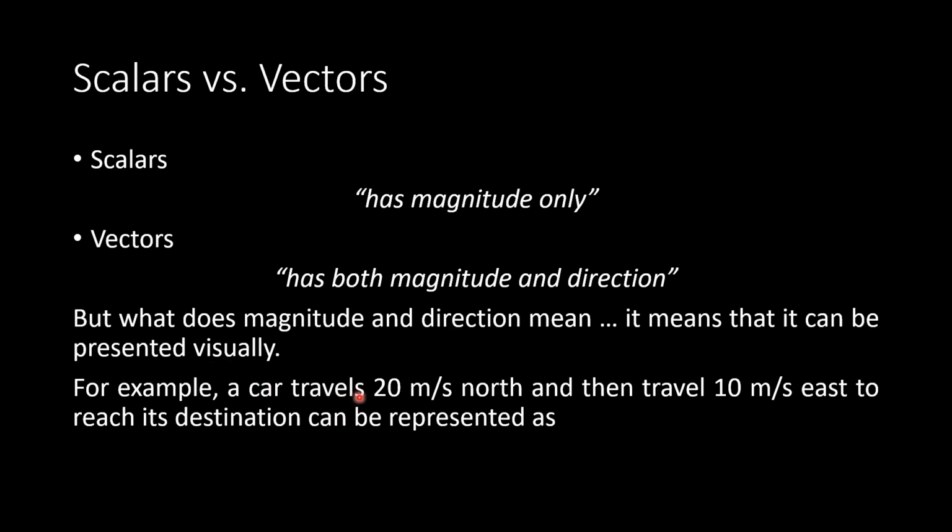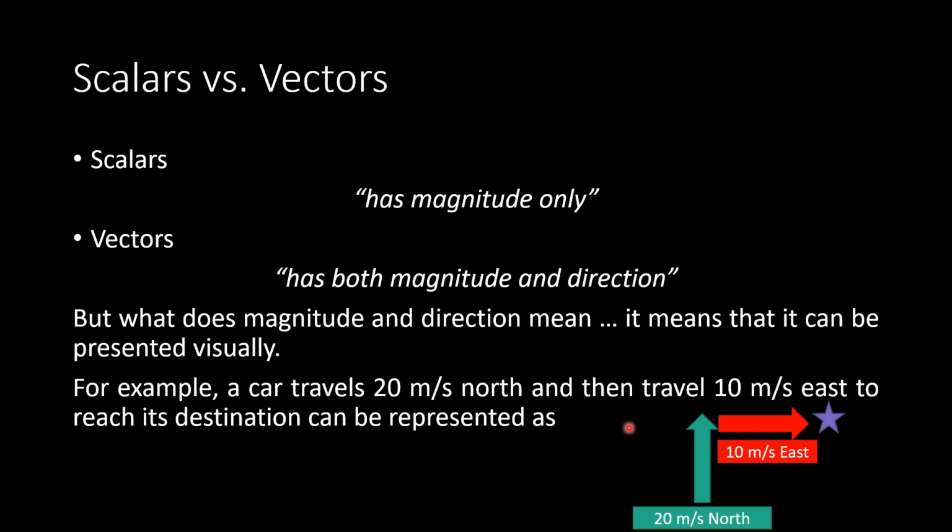That essentially means that you can represent this as a vector. You've got a 20 meter per second north direction, then a 10 meter per second east direction to reach its destination. That's something that you can do with vectors, and that's a capability that you have with vectors only.